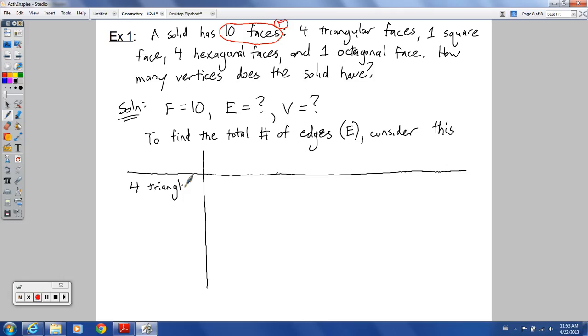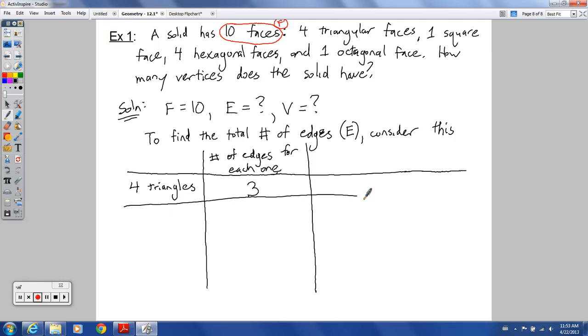Also, you have 4 triangles. In this one, let's put the number of edges for each one. That'll be our first column here. So in other words, for each triangle, you would have 3 edges. Then over here, let's put our number of edges for all of them.